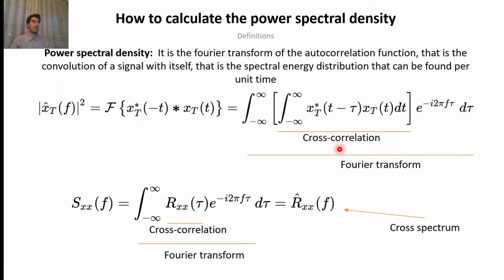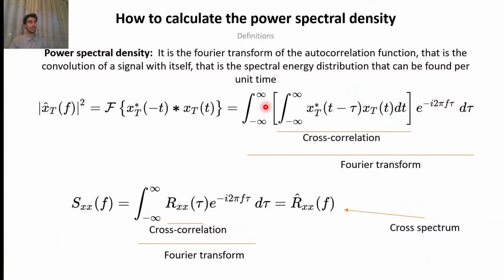Here, you can say that the power spectral density is the Fourier transform of the autocorrelation function. The autocorrelation is the convolution of a signal with itself. It is called density because it's the spectral energy distribution that can be found per unit time.